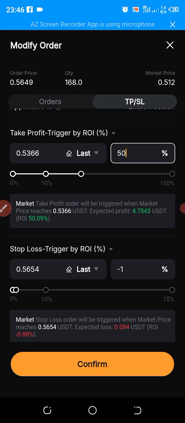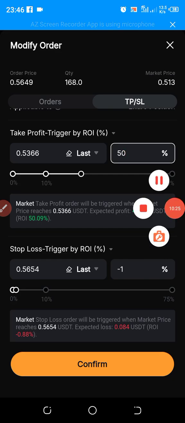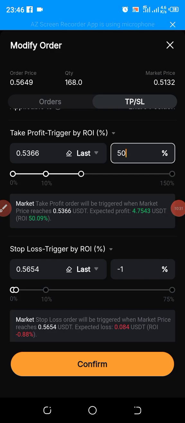But before you click on confirm, let's say the trade has triggered and started moving. I want to take profit at 0.5649. Let's say the trade has moved 20% or 50% for you, and you don't want to take profit at that 50%.